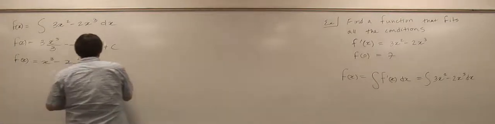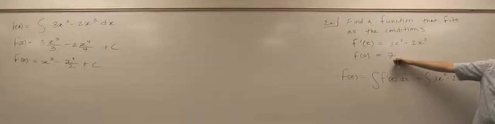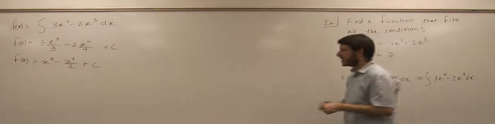So I have plus c here, but I need to satisfy this second condition still, right? I need to make sure that when x is 0, f of x is 7.